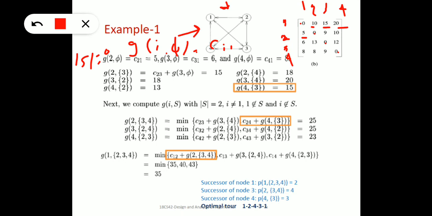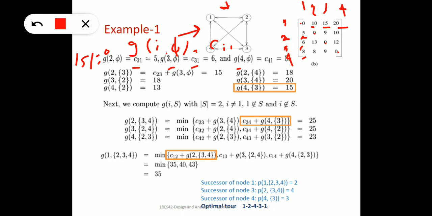So therefore, g of 2 null is equal to the cost of an edge from 2 to 1. So 2 to 1 we have a value 5. Similarly, g of 3 null is the cost of the edge from 3 to 1. So from 3 to 1 we have an edge with a cost 6, and g of 4 comma null is an edge coming from 4 to 1. So therefore its cost is 8.